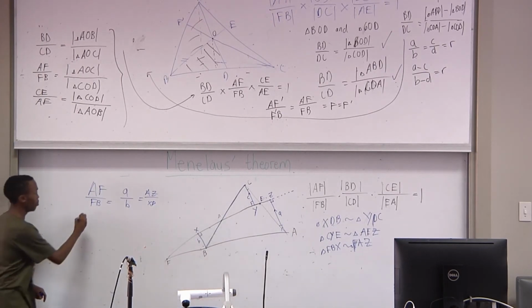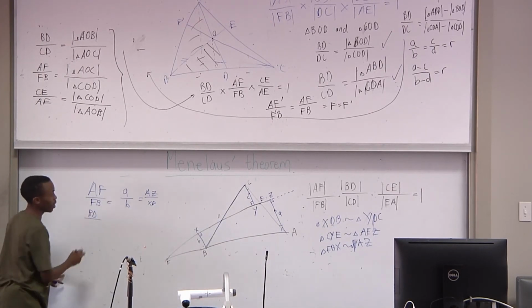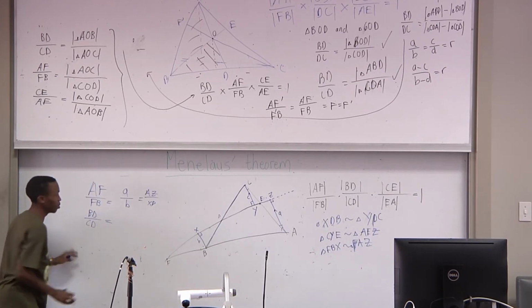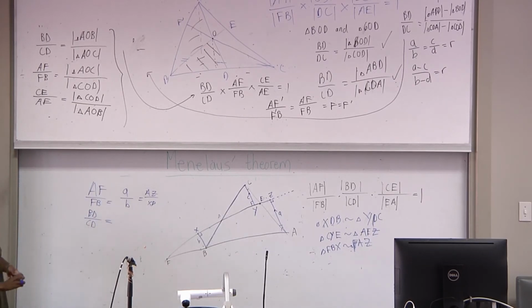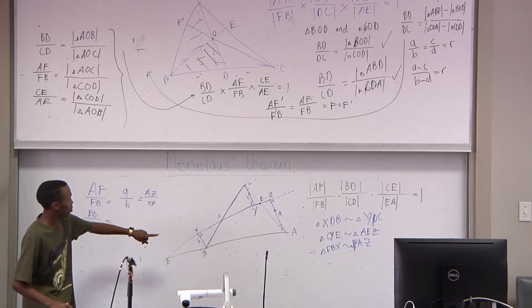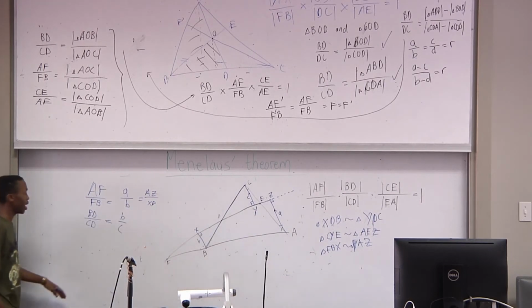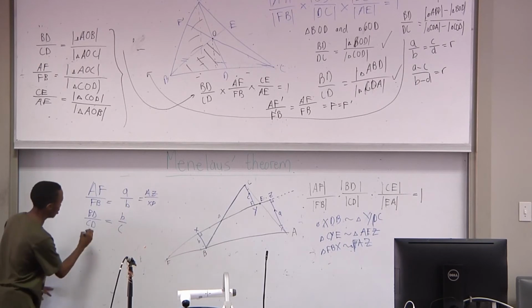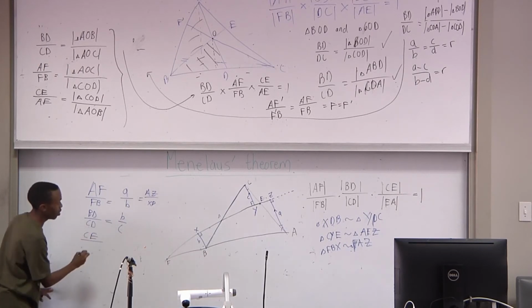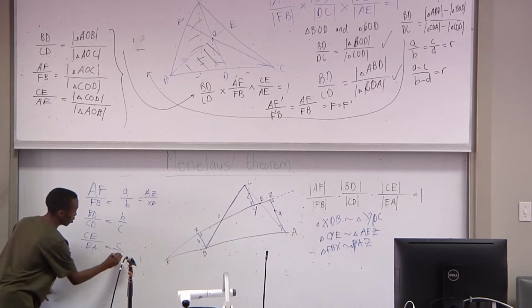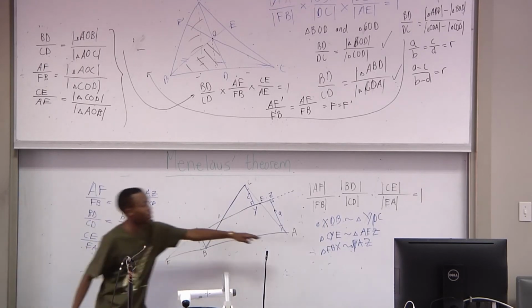And BD divided by CD, this is not directed, so it's just the length, is equal to B over C because of the first similarity there. And CE divided by EA is equal to C over A because of this one here.